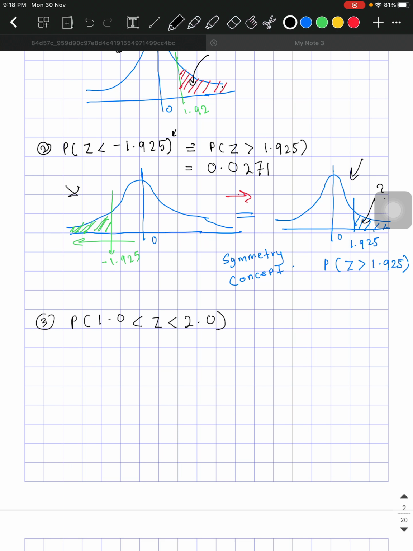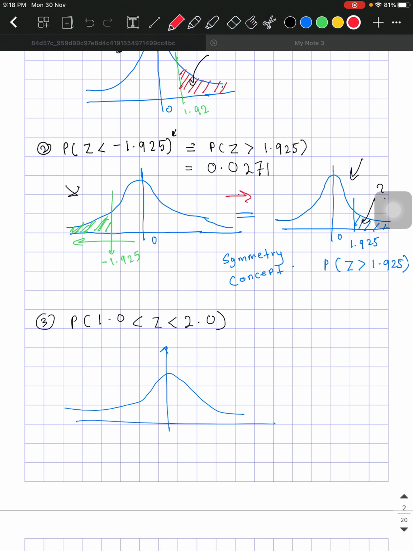From here, you need to imagine clearly by using the bell shape graph, then you can get the correct answer and you can see it more clearly.